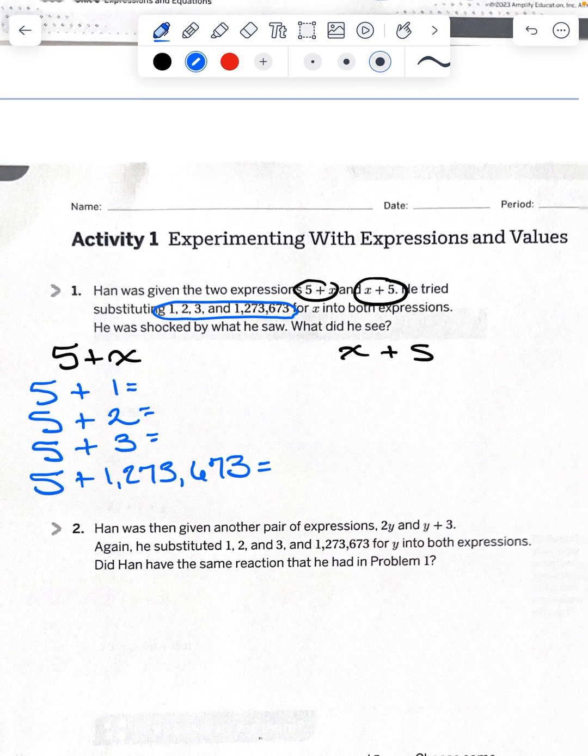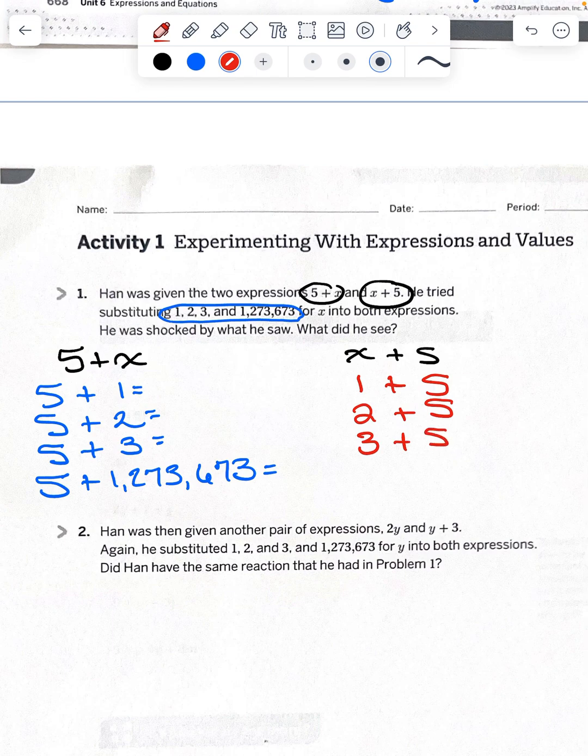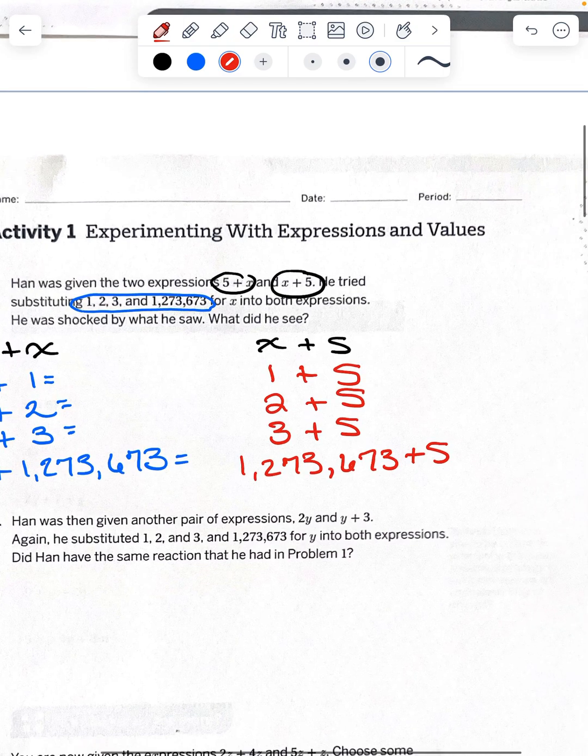And then I'm going to change colors again. They want us to do the same thing with x plus 5. So 1 plus 5, 2 plus 5, 3 plus 5, and 1,273,673 plus 5. Okay, go ahead and please write those down.